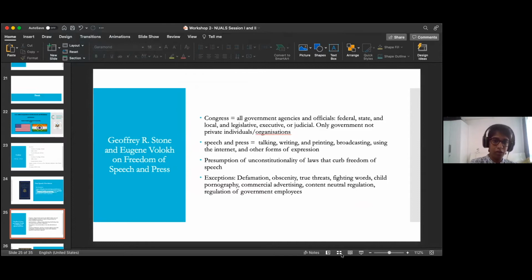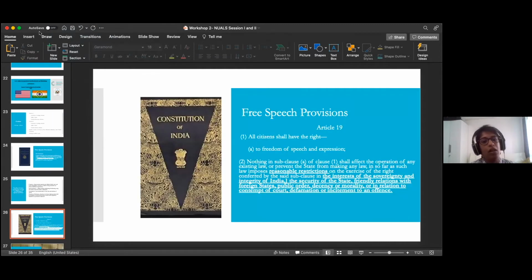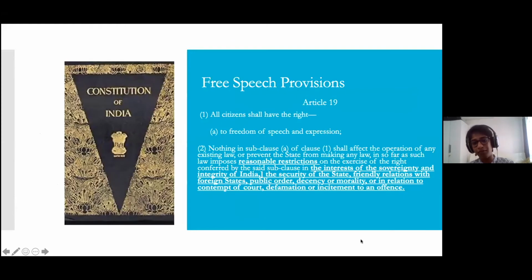Now I will move to the Indian framework. So we have Article 19, which states, among a bunch of rights, the first one is, all citizens shall have the right to freedom of speech and expression.